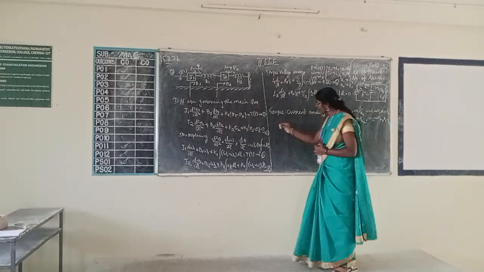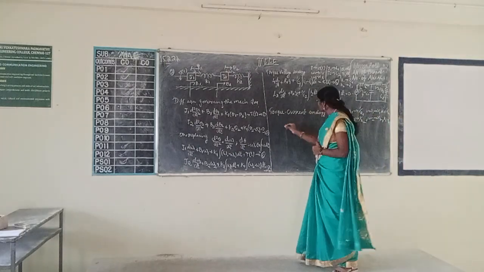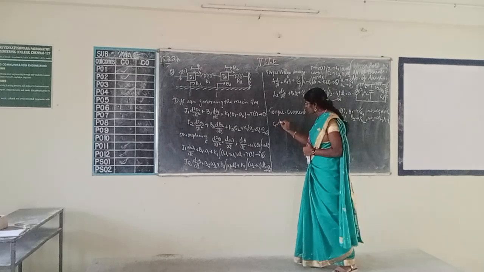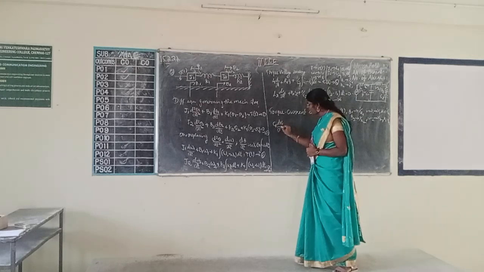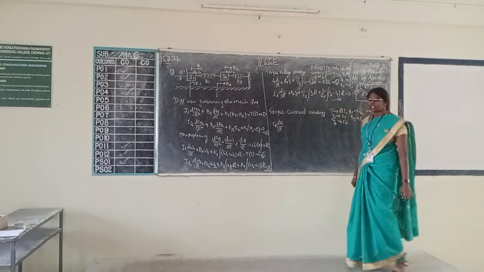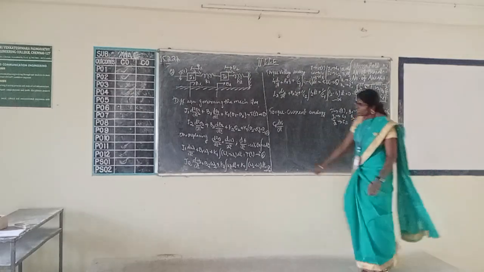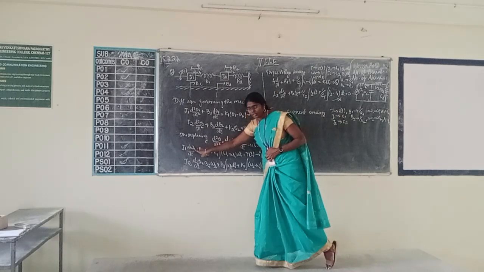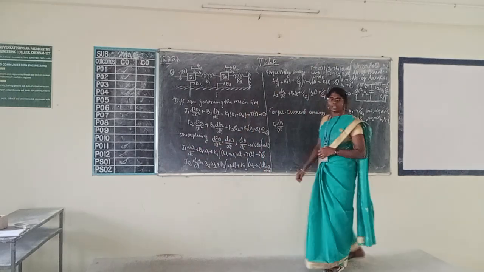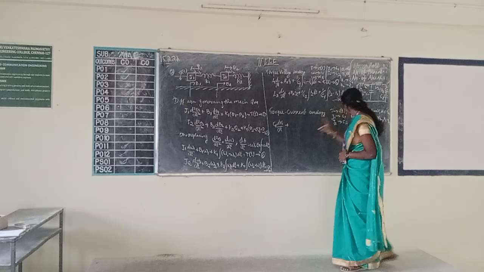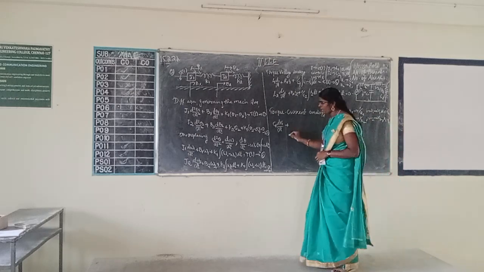So how will we write it? J1 as C1 dV1 by dt, where omega 1 is V1, plus the conductance, that is 1 by R.